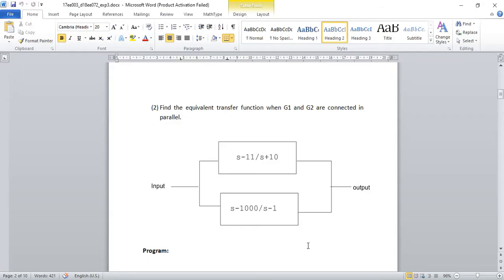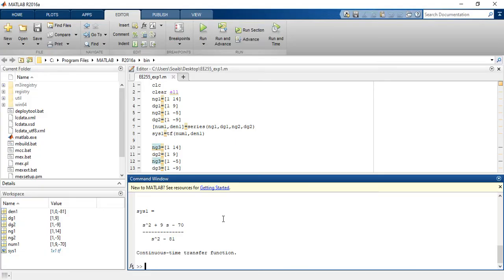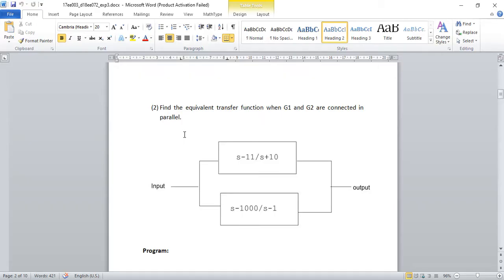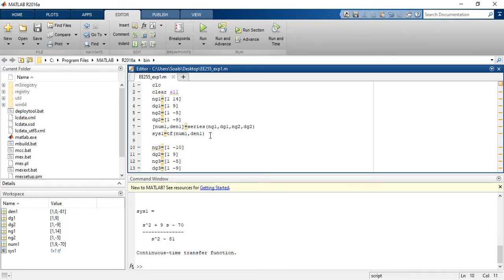The values are s minus 10, s plus 10, s minus 11, and in the denominator it is s minus 10.